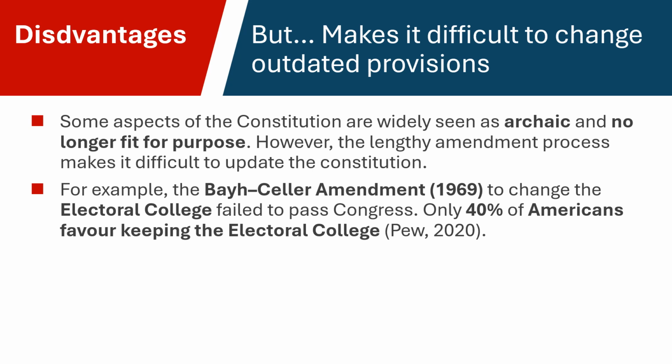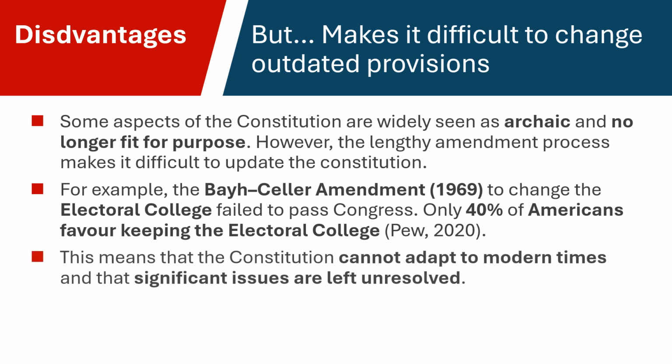However, it then failed to pass Congress. But Americans want change. According to Pew, only 40% of Americans favor keeping the Electoral College. This means that the Constitution cannot adapt to modern times and that significant issues are left unresolved.